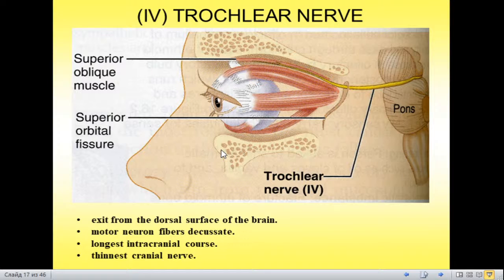Trochlear nerve. This nerve is unique due to some issues, and I posted these unique features on this slide. First of all, only the trochlear nerve exits the brain not on the ventral surface but on the dorsal. It exits on either side of the frenulum of the superior medullary velum, and after that it travels laterally to the cerebral peduncle, and only after that it appears on the ventral surface of the brain.